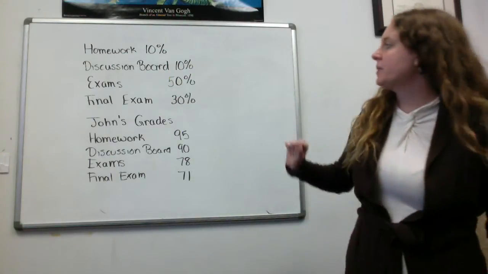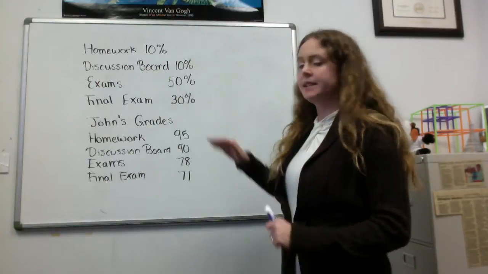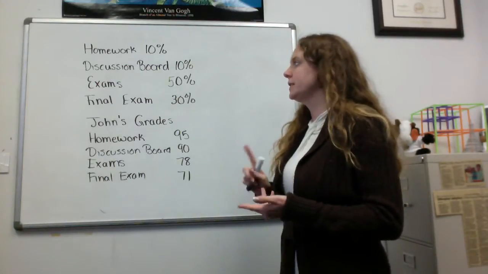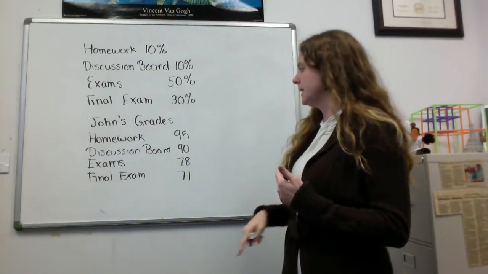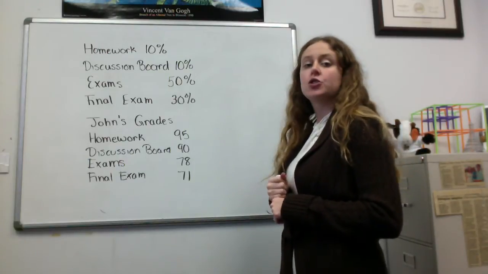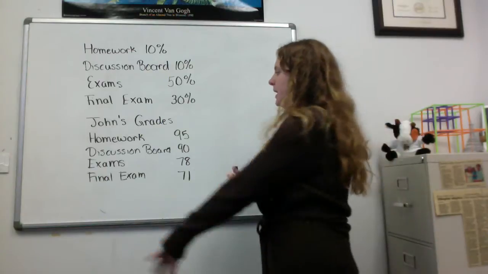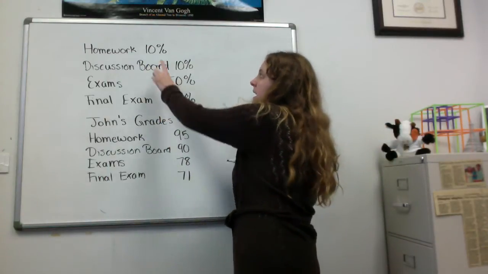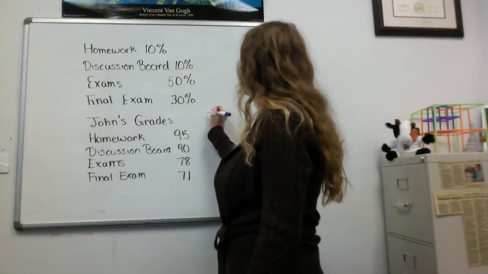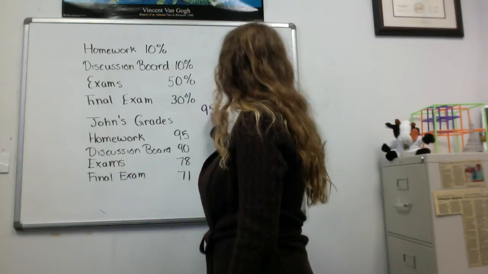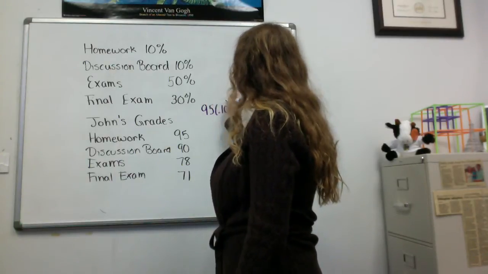So I have a sample problem up here. We're given the weights of different assignments: your homeworks, discussion boards, exams, the final exam, and then we're given a specific student's grades. What we're going to do is multiply our specific grade by the weight. So for instance, we would have 95 times 10%.